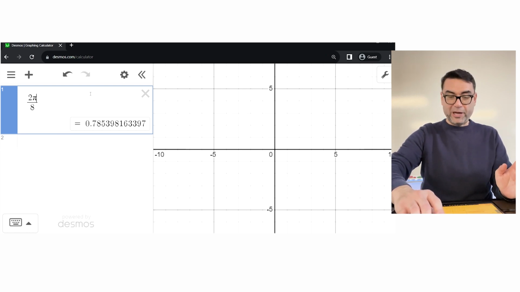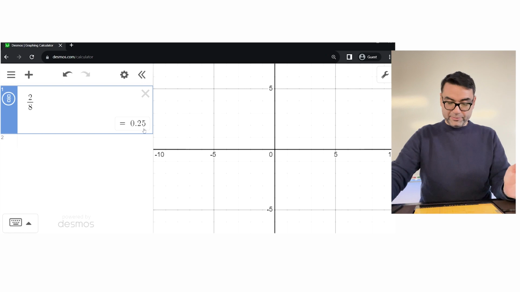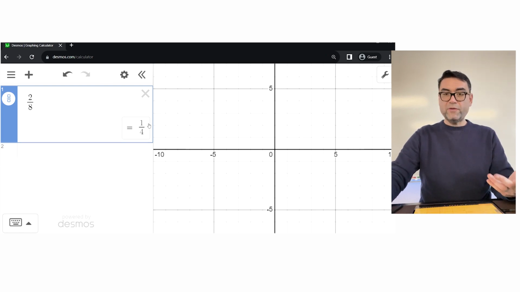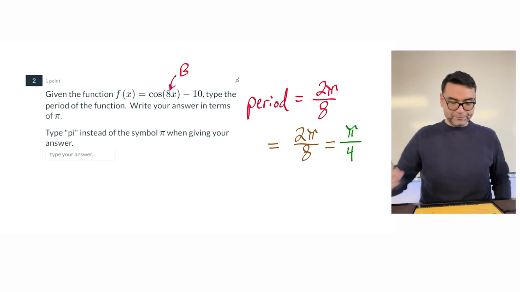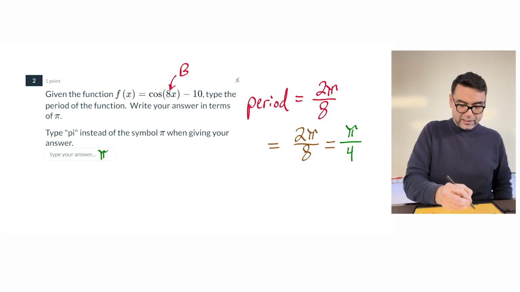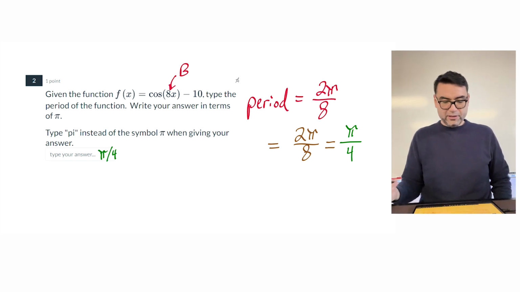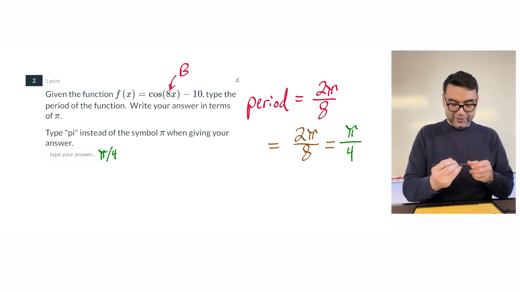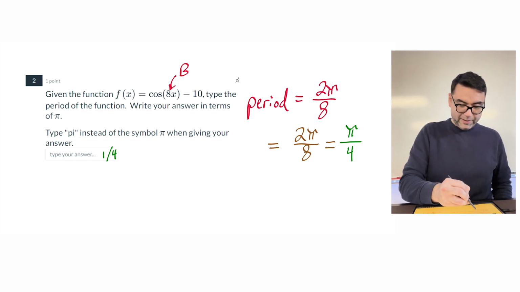So we just get rid of the pi, and then you'll get the decimal, 0.25, but you have this icon over to the left that looks like a fraction. So if you click it, you get the fraction, 1/4. So 2 over 8 is 1/4, and then we just replace pi back in the numerator. So 1 pi over 4 or pi over 4, as we have here. So pi slash 4. Oh, and again, you can't write the pi symbol, so we just type pi.